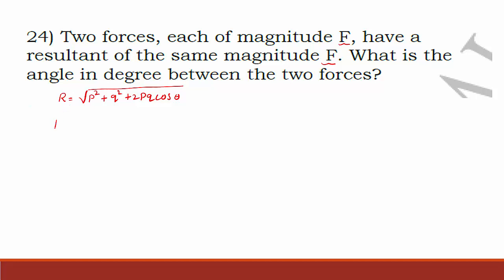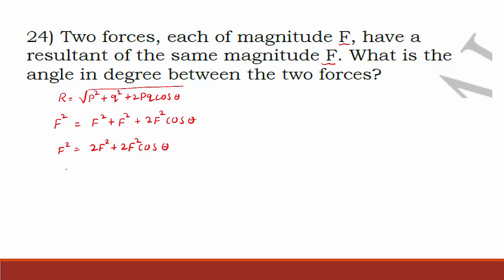Squaring on both sides, F square is equal to P square, which is F square, plus Q square, also F square, plus 2 PQ cos theta, where P into Q, F into F, is F square. This is according to the problem. Their magnitudes are F and the resultant is also F. So F square equals 2F square plus 2F square cos theta.